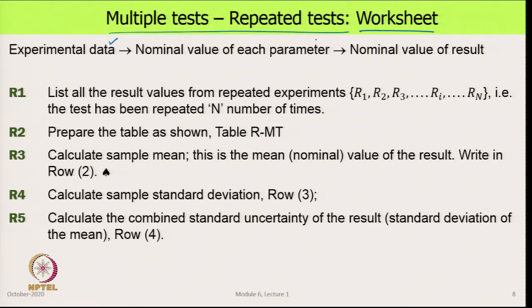We got lots of data for each parameter, from which we calculated the nominal value of each parameter, and using the result formula, we calculated the nominal value of the result. And this we did for every experiment. So, in the first step, now what we will do is, we will list all the result values from the repeated experiments, which is R1, R2, R3 and Rn.